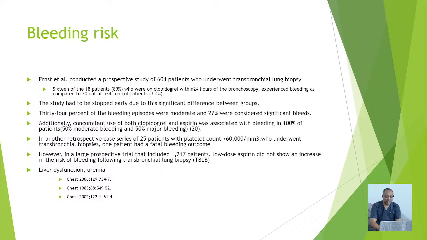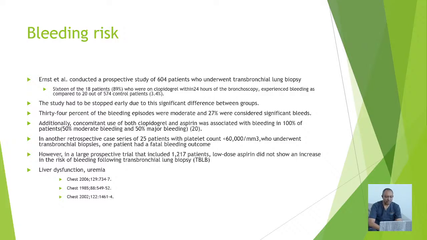There are also guidelines looking at the other kinds of anticoagulants and the duration they should also be avoided before doing the cryobiopsy. There's also a study which looked at platelet count, and they found that patients who had platelet count less than 60,000 had a higher risk of bleeding compared to patients who had normal platelet count.